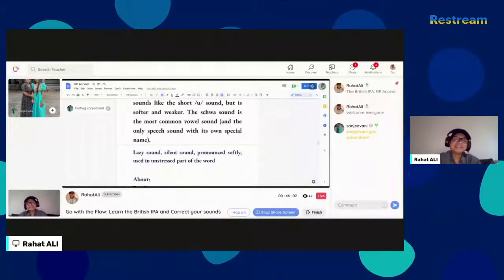It's sometimes a lazy sound, unstressed, or pronounced softly or weakly. And it is used in the unstressed part of the word. It's very difficult to know as a beginner or as a non-native speaker where the schwa sound is, but it's a matter of practice.